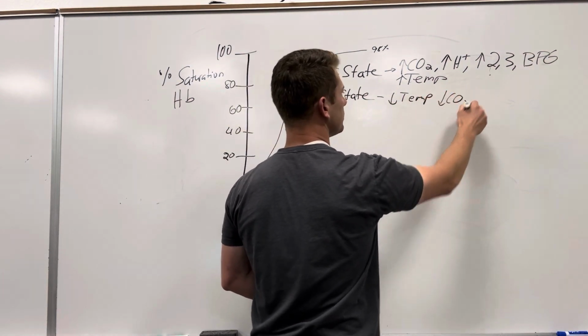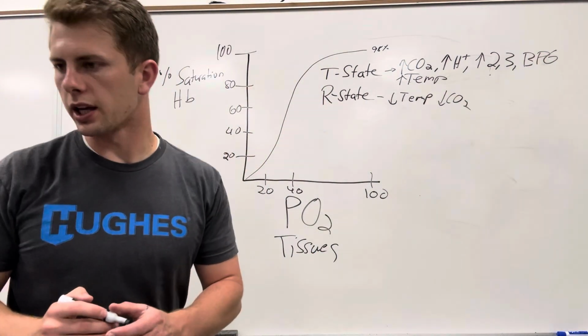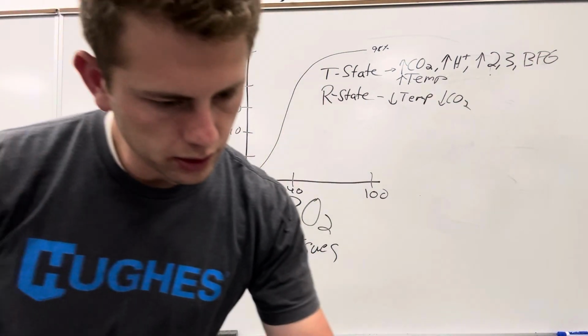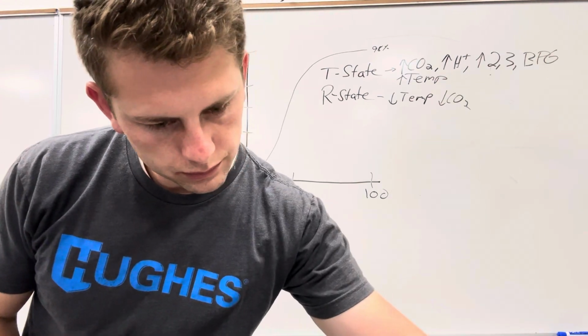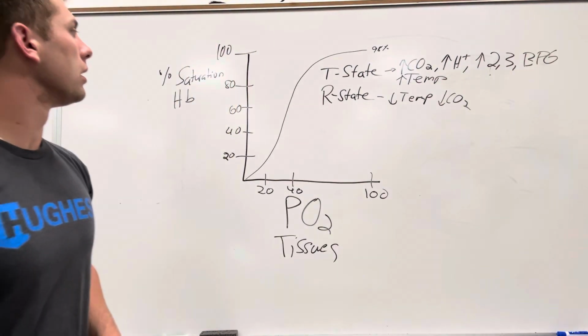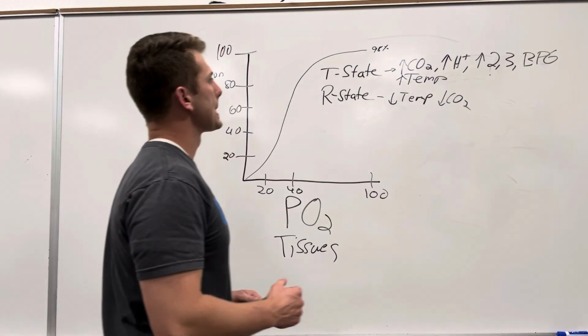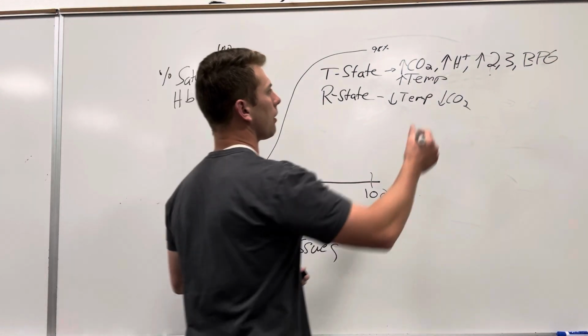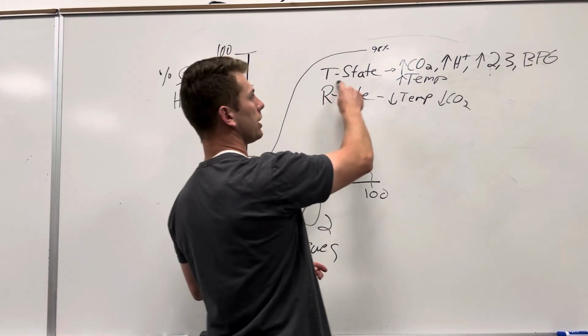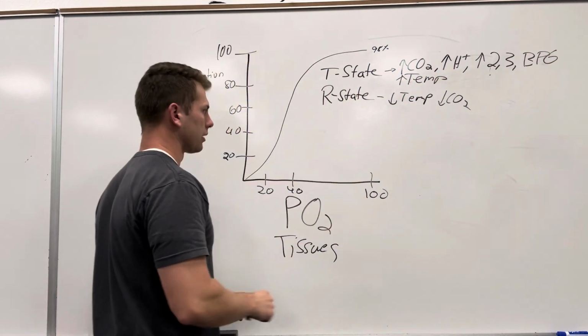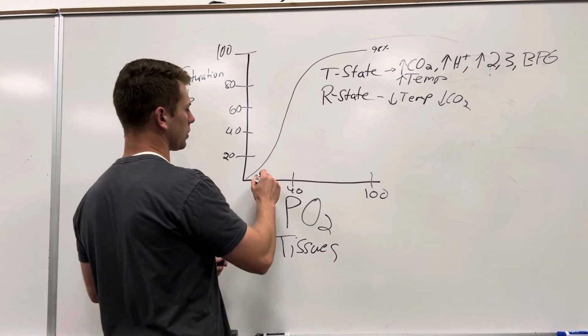Decrease CO2, double check and see if there's any more. Yeah, there's probably more. It's probably all of these, just the opposite. So when we have the T state, all these occur, that shifts our curve to the right.